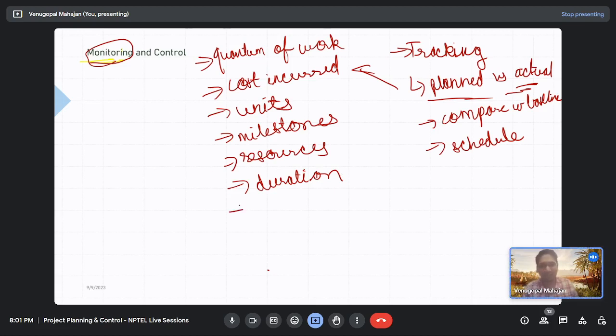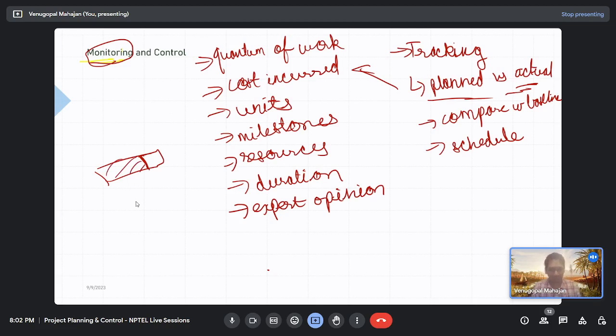There is one more thing you can use as expert opinion. You had activity A. How much of activity A is complete? If the expert says it is 75% complete, you are not asking him how he got this 75% value, because he is an expert. You accept his view, right? Yes, sir. So this is another way.